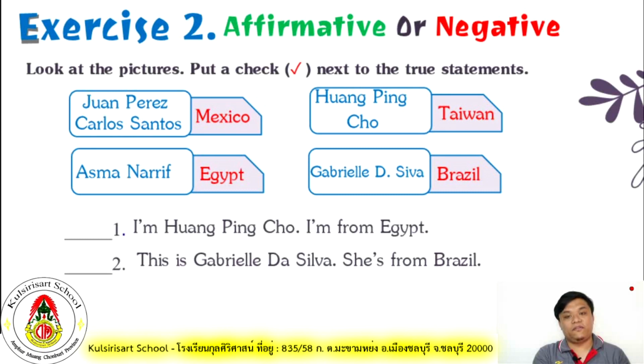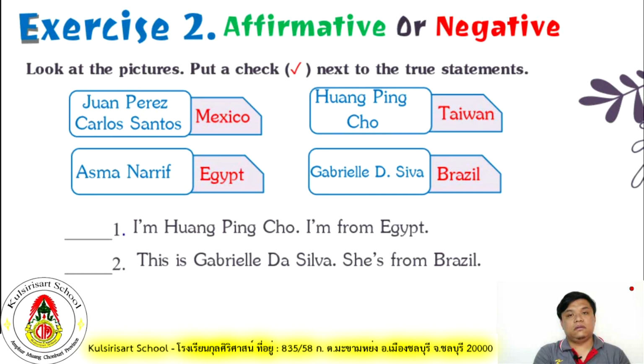Let's read number 1 first. I'm Wang Pincho. I'm from Egypt. Look at where Wang Pincho is from. Wang Pincho, above at the right. Yes, at the right here. Is from Taiwan. He said, I'm from Egypt. That is an affirmative, I am. But is it true or false?